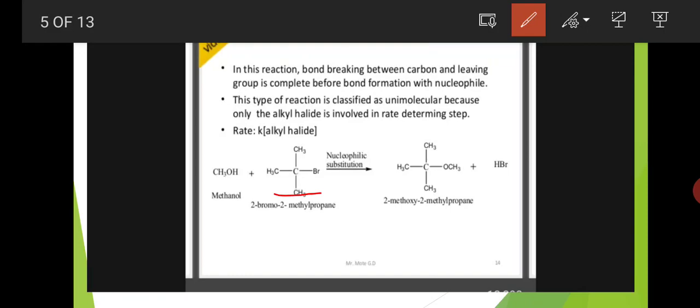First, the bond between carbon and halogen breaks completely. Bromine leaves and a tertiary carbonium ion is formed. After that, a new nucleophile is attached to the tertiary carbonium ion and forms another compound. This is the reaction.